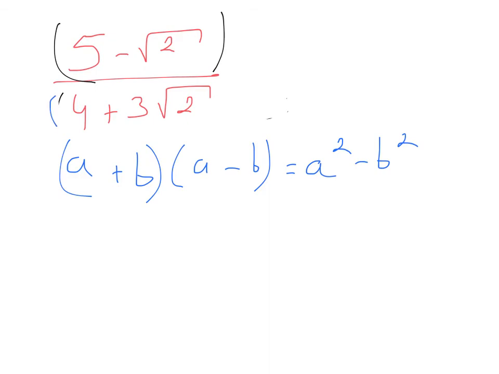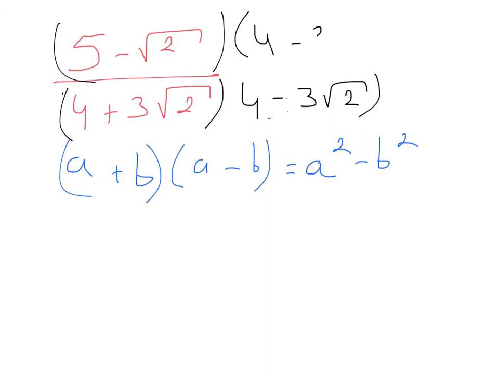So the idea here, we can just think about 4 minus 3 square root of 2, okay? And we need to do the same thing here in the numerator, right?